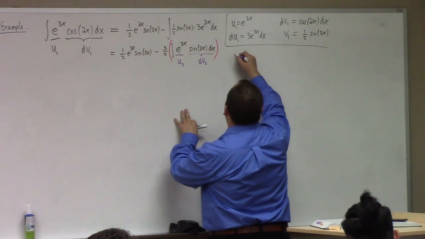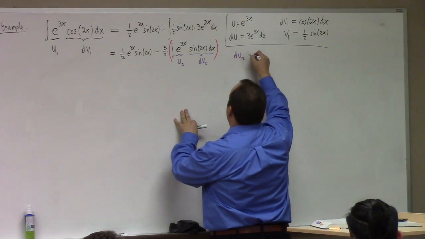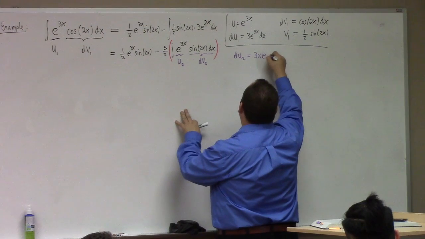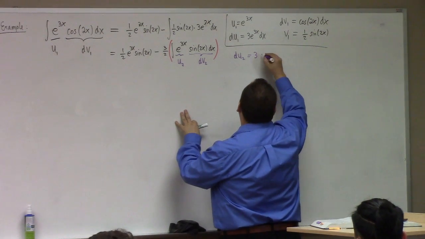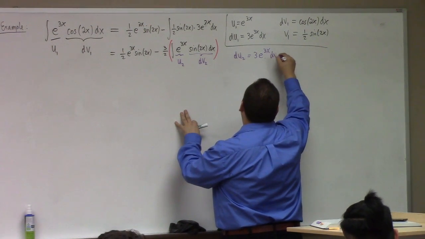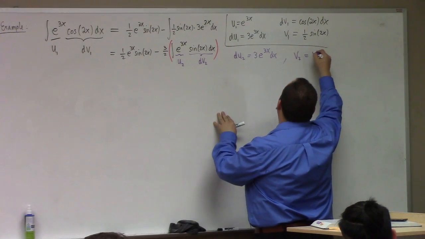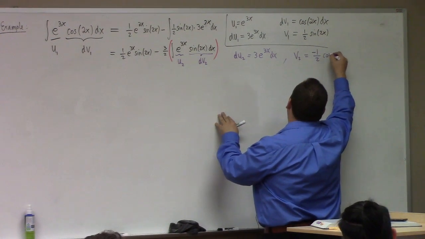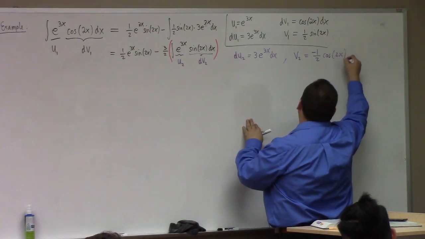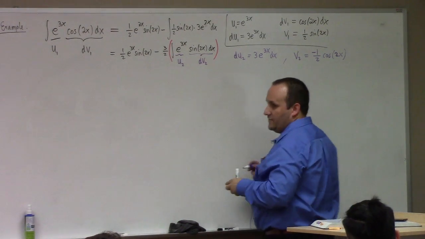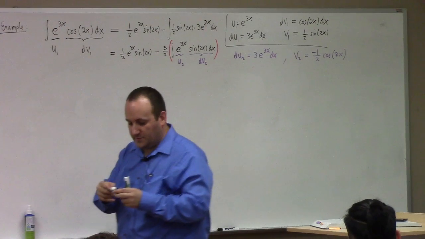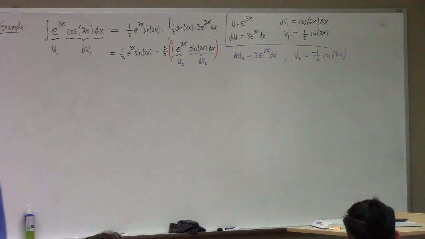So that gives us du2 equal to 3 e to the 3x dx. And that gives me v2 equal to minus 1/2 cosine of 2x, because the integral of sine is minus cosine. The half because it's a u substitution. The argument's not x, the argument's 2x. I have to divide by 2.